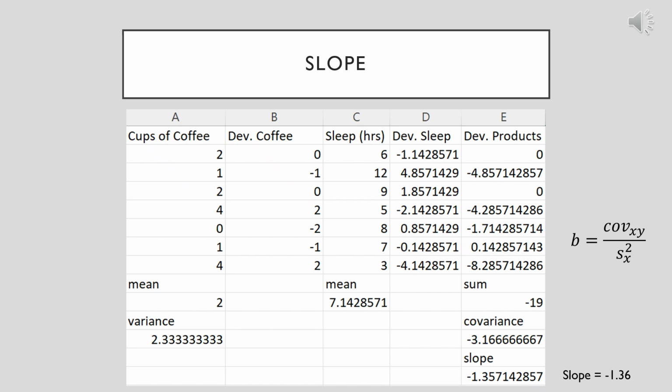So for every additional cup of coffee you would drink, at least based on this sample data, we would expect that you would sleep 1.36 hours less. Because this is all predictions, we don't actually know, but based on the data, we would expect that for every additional cup of coffee you drink, you would sleep 1.36 hours less.